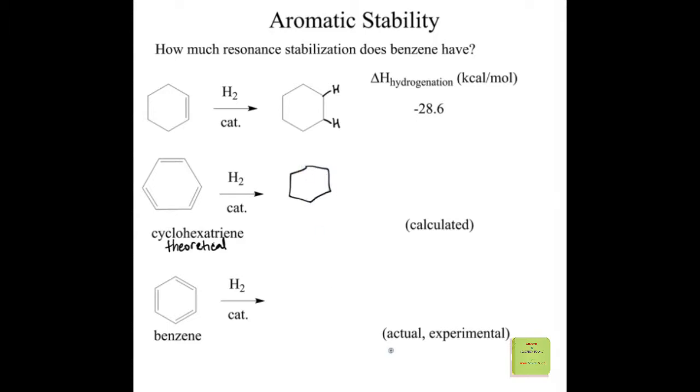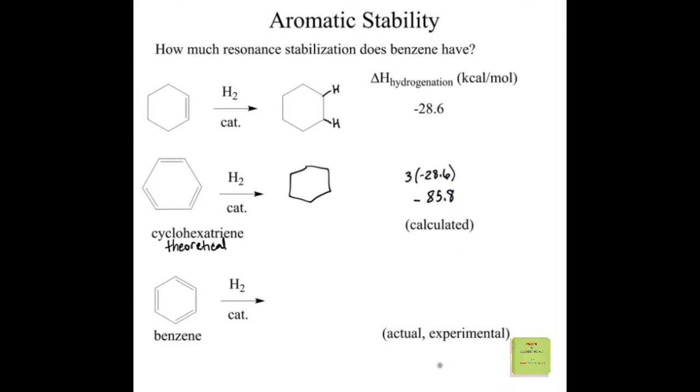It would still give cyclohexane, and we can predict how much energy we would expect. Each pi bond is worth minus 28.6, and we have 3 pi bonds, so we would expect to get out 85.8 kcals per mole when we hydrogenated this molecule.